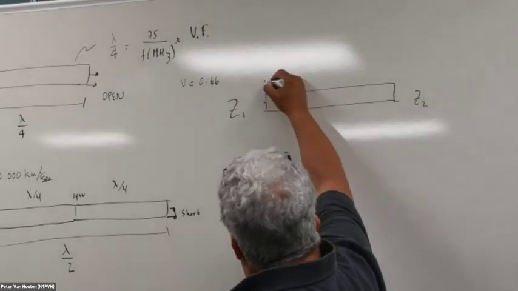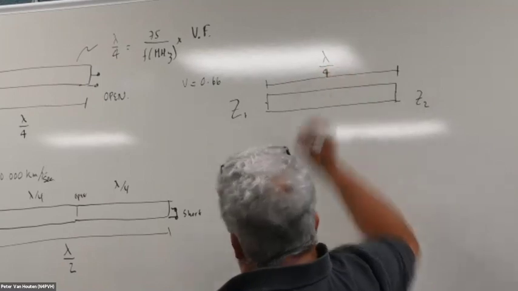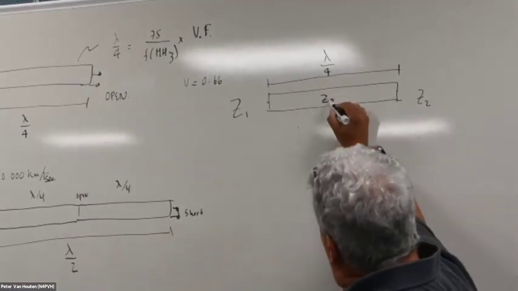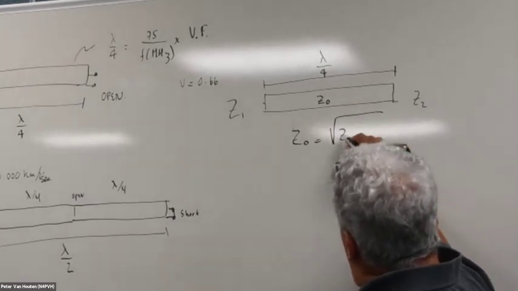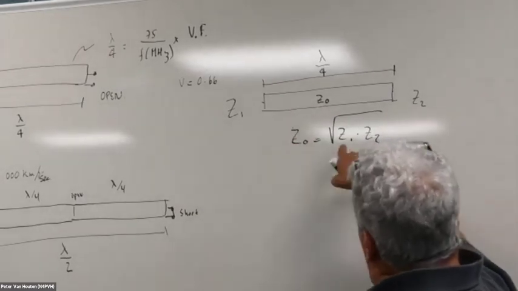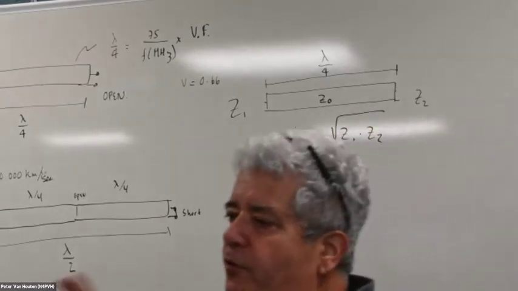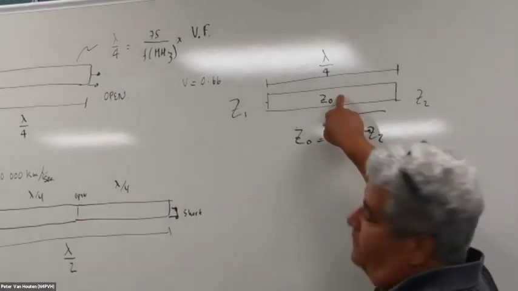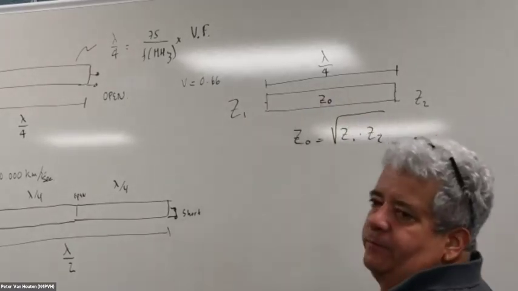Well, I can put a transmission line in between these two that is a quarter wavelength long, and the impedance that I need to have here is equal to the square root of the product of these two. So Z1 and Z2 multiplied, square root, that's also called the geometric mean of the two numbers, Z1 and Z2, and I will get the impedance that I need on this transmission line to match Z1 and Z2, okay?